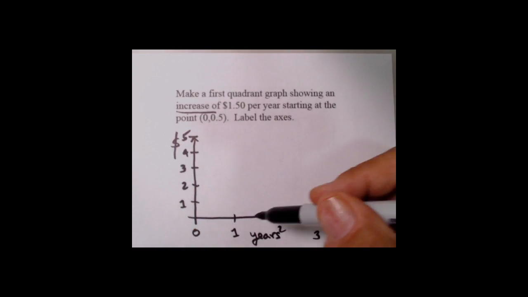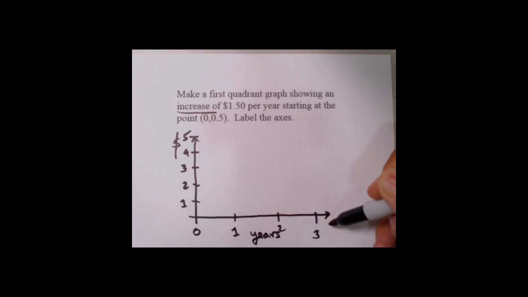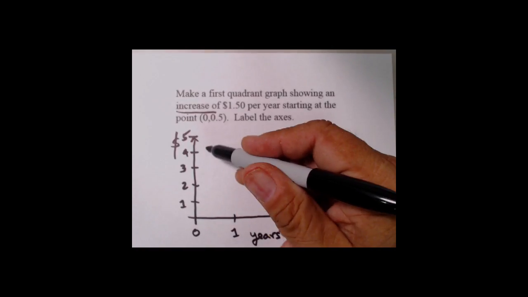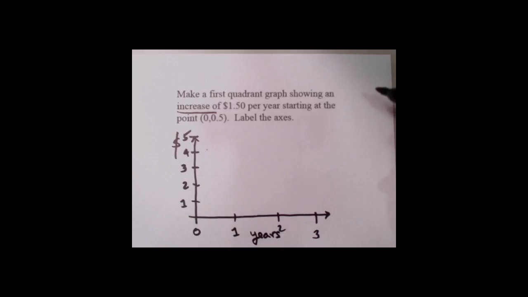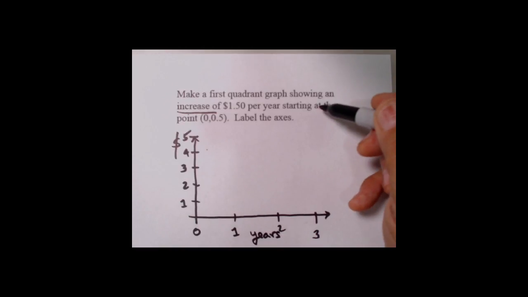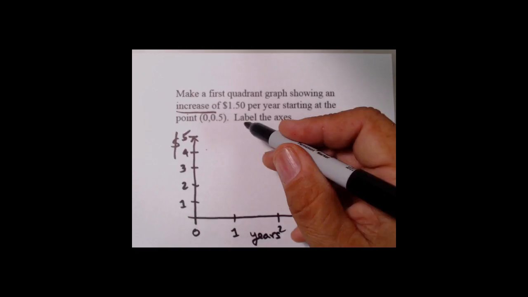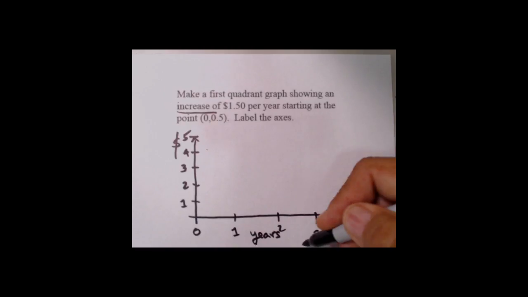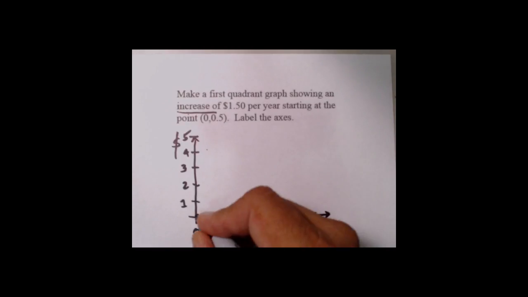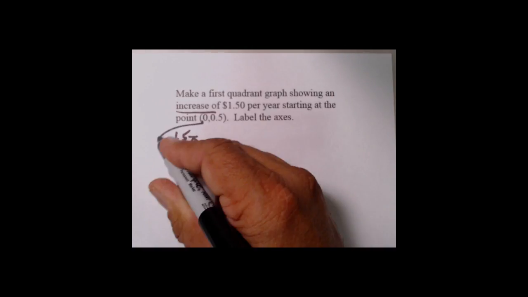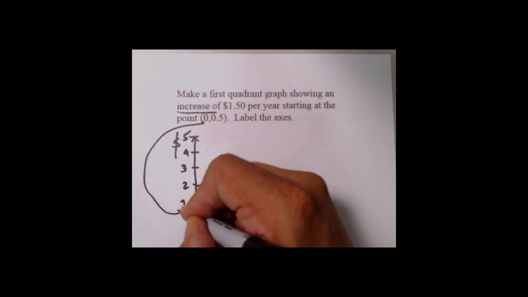Okay, well, this gives us a range of years to go on and dollars to do. And we are going to start at the point x equals 0, which is 0 years, and y equals $0.5. So there is the starting point right there.